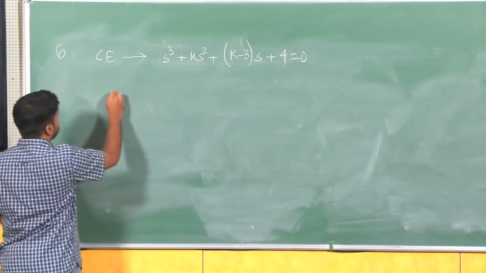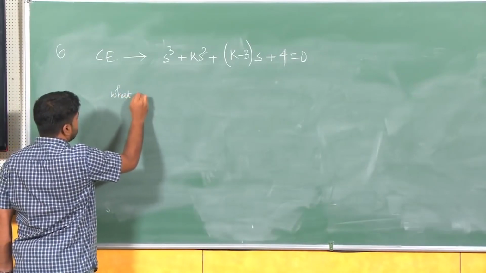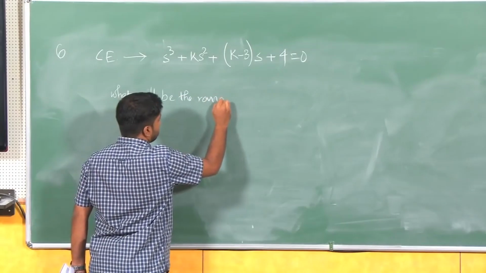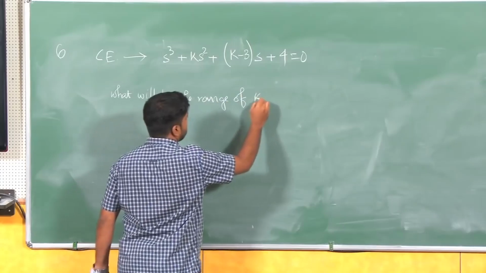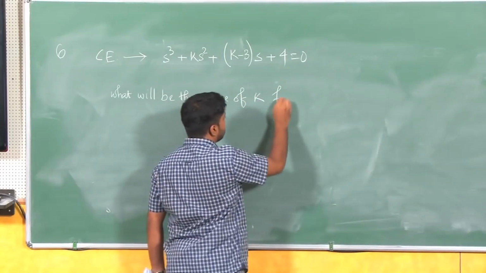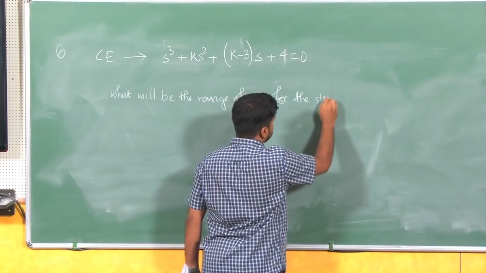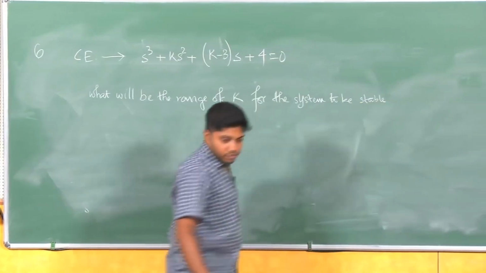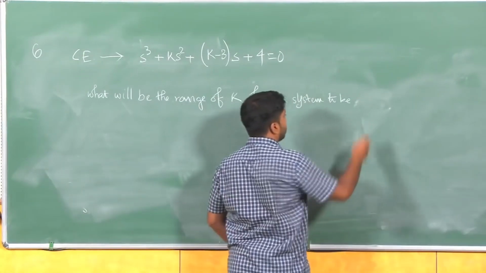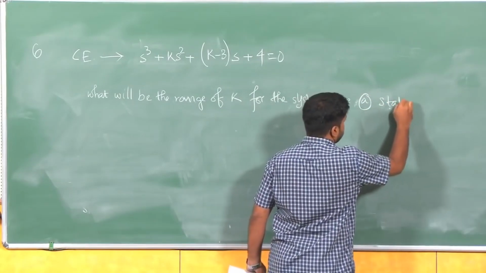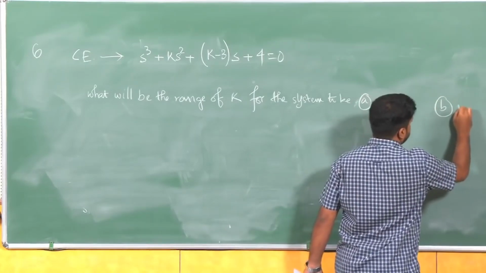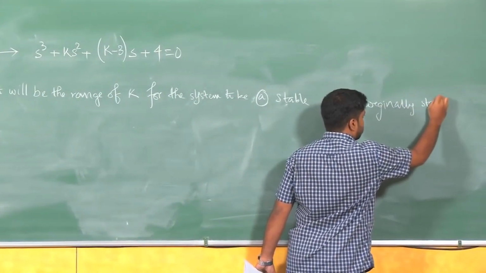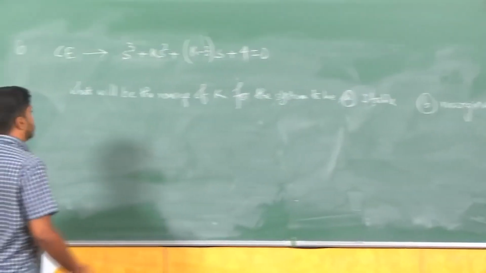So, we have to find out what will be the range of k for the system to be (a) stable and (b) marginally stable.